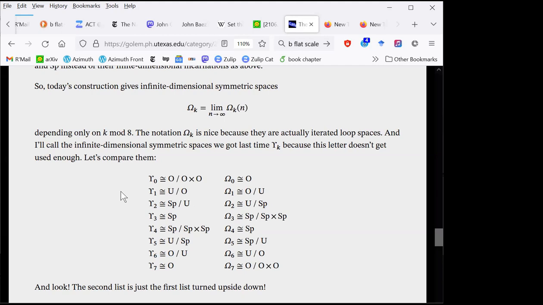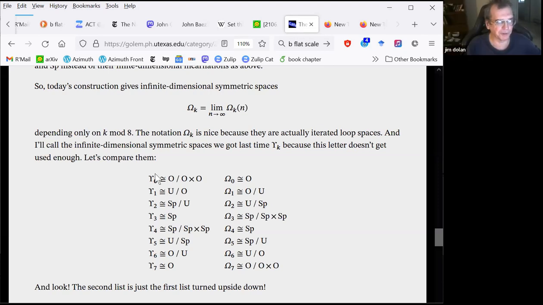And I haven't explained that to you yet either. That's probably easier to explain. Each one of these is associated to some Clifford algebra. Here I'm associating the same Clifford algebra to each number 0 through 7, but using a different trick for turning it into a symmetric space, or an infinite dimensional limit of symmetric spaces.